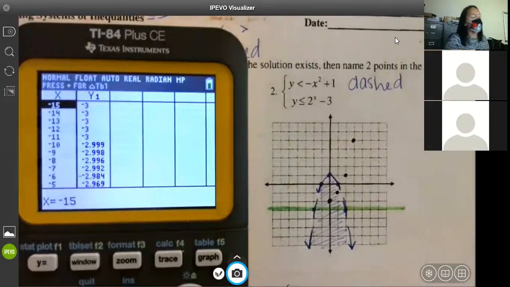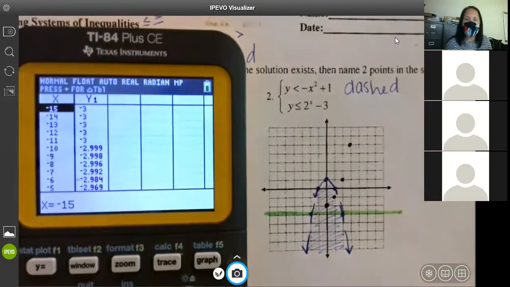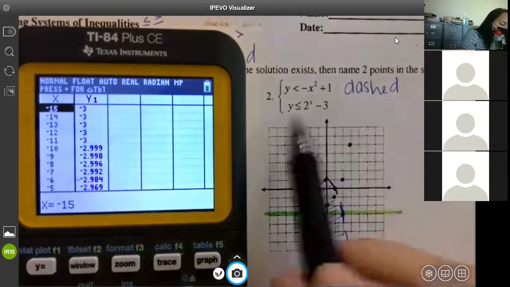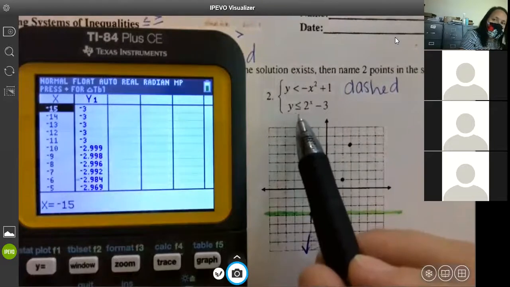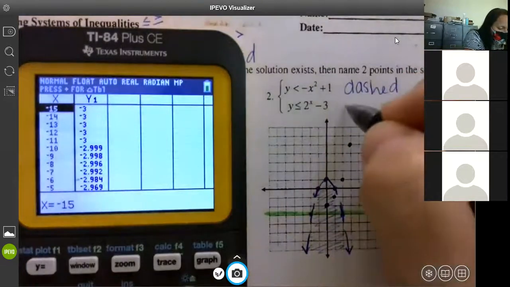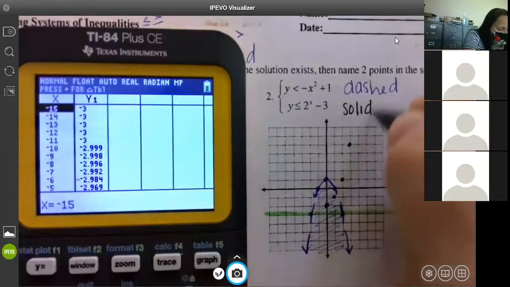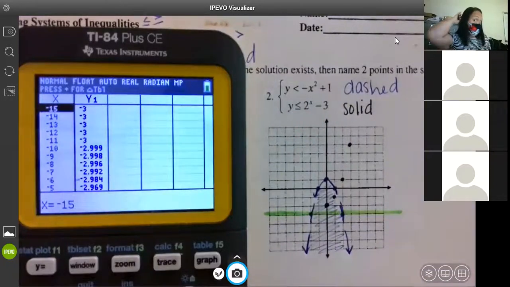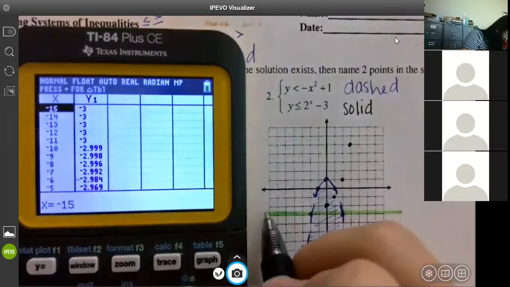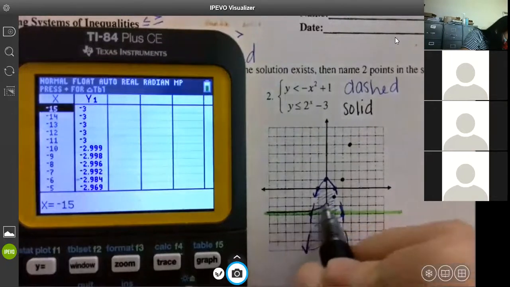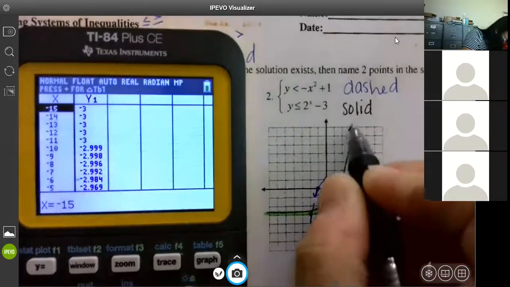You can't go past it, but what is that thing called? The asymptote. Yes, an asymptote. So that'll help me graph this. And is it solid or dashed? Solid. Good. Why is it solid? There's equal to. So I'm going to get as close to that line as possible. And then I'm going to follow up with my points.